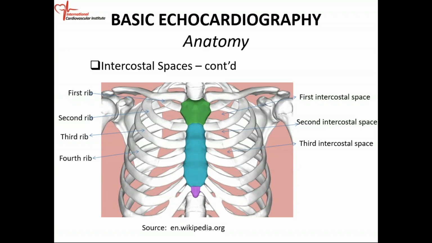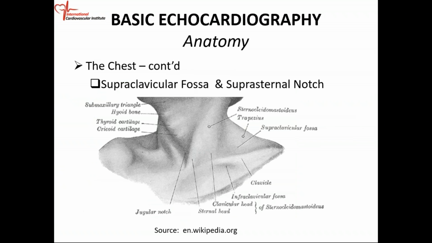So you have to count the spaces, and you're going to put your transducer there. Okay, so you have to know how to count the intercostal space. So when we talk about intercostal space, you have to know what we're talking about.